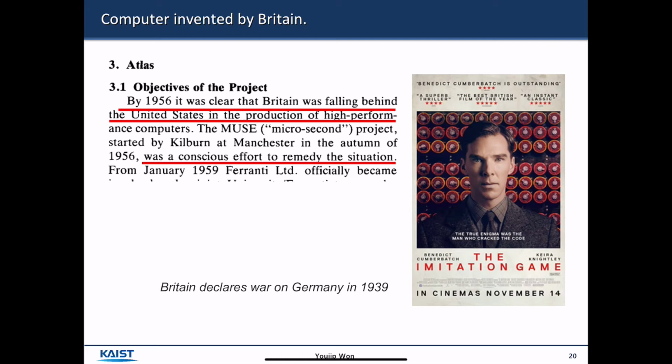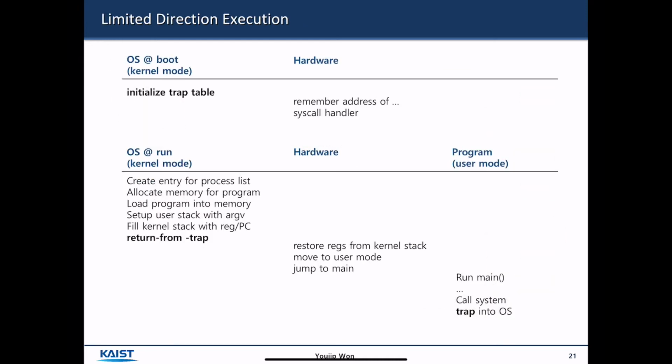The poster you see on the right side of the slide is the famous movie, The Imitation Game. And Alan Turing is one of the world famous scientists who invented the computer. The trap instruction is used to properly adjust the privilege level when the user process requests the kernel service.